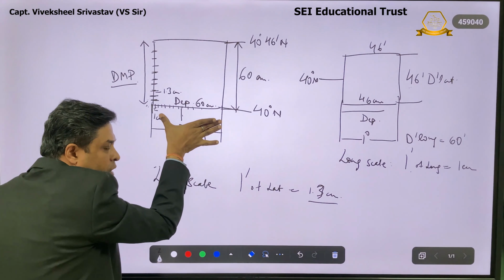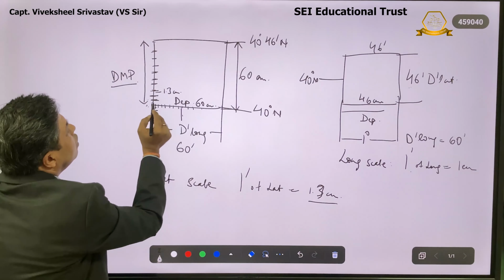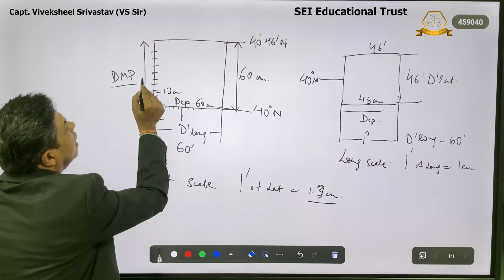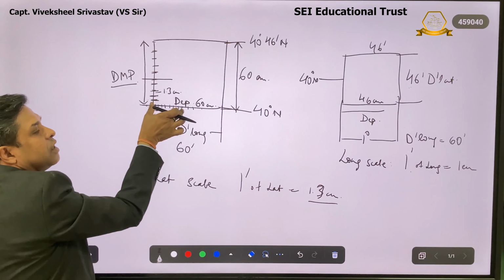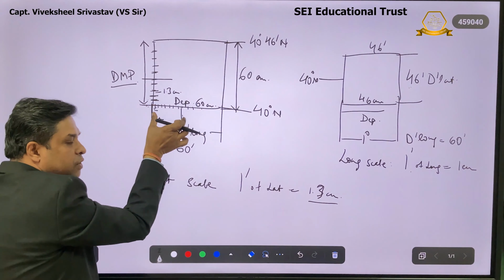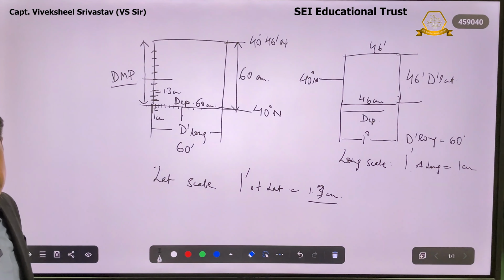Whatever reading I get on the longitude scale, that is my DMP between those two latitudes. The minutes of longitude that I read, that is my DMP between these two latitudes.